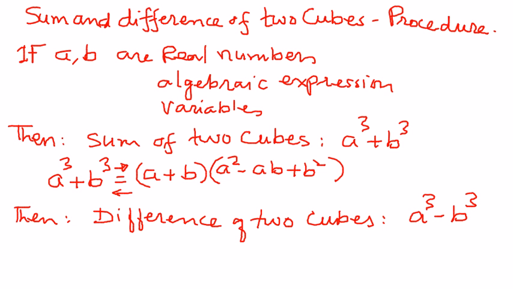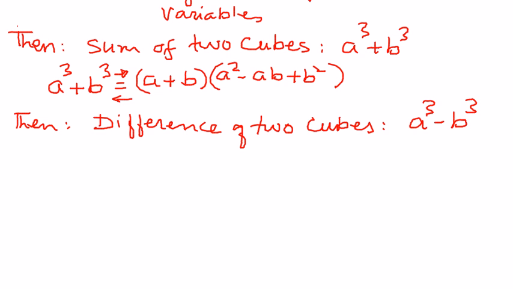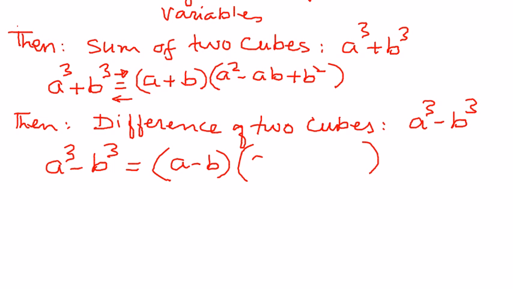And the way we can expand this difference of two cubes is as follows. a cubed minus b cubed, we can write this as a minus b in the first set of parentheses. In the second set of parentheses, we're going to write a squared plus ab plus b squared.